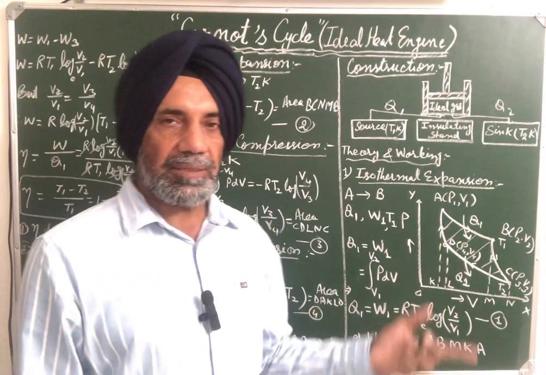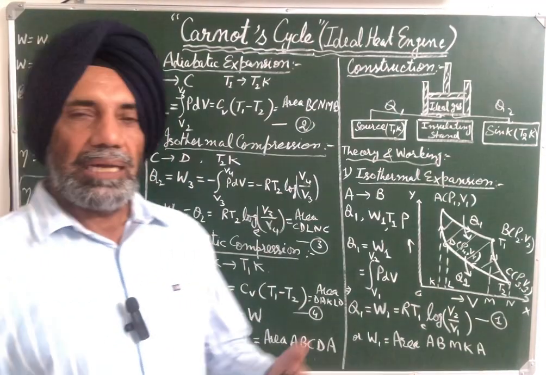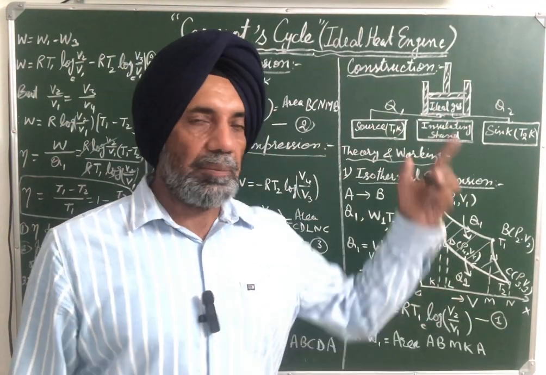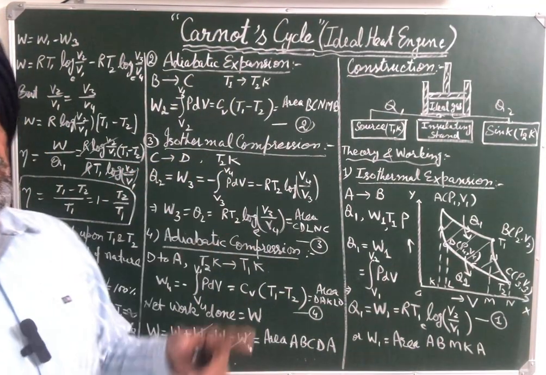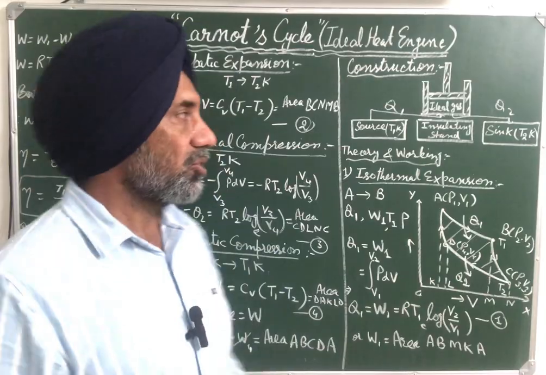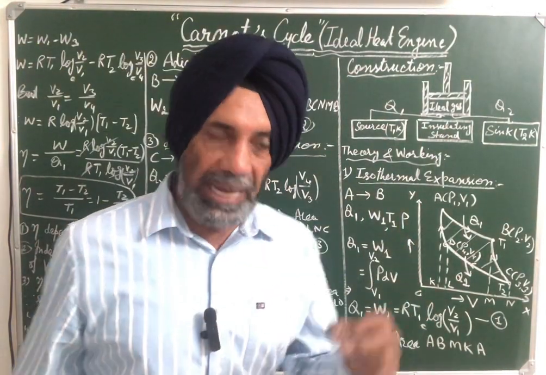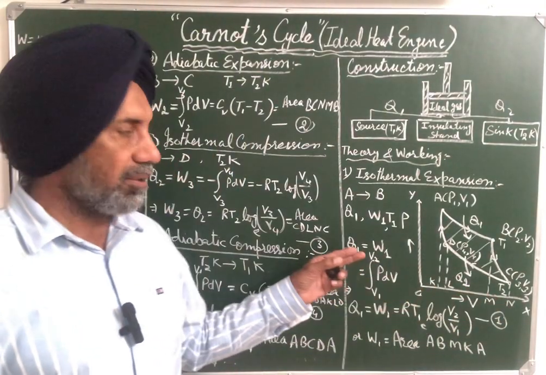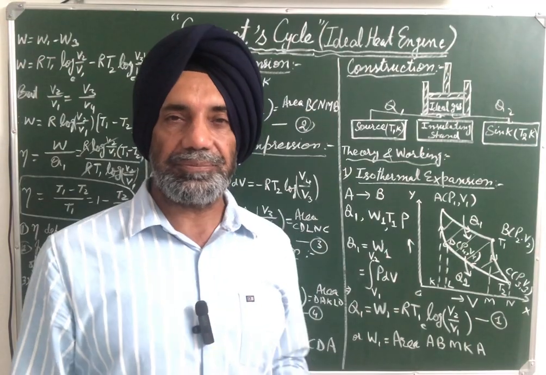And in this process, again volume decreases, but it is thermally isolated from the surroundings. So when it is placed on the insulating stand and the gas is compressed from volume V4 to V1, this is a case of adiabatic compression.